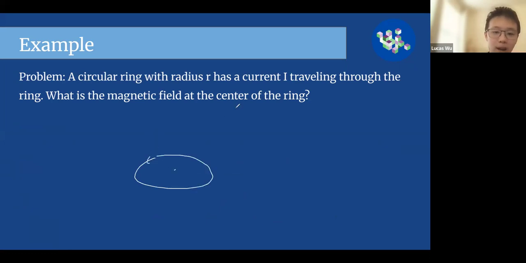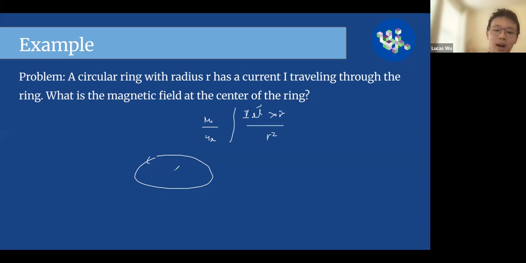Remember we had another form of the Biot-Savart law, which is mu0 over 4 pi times the integral of I dl, where dl is a vector, crossed with r cap, divided by r squared. We're looking at the magnetic field at the center of the ring.